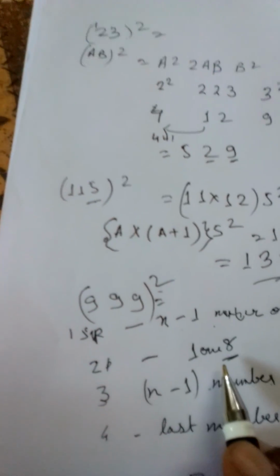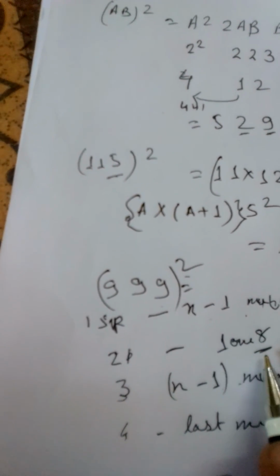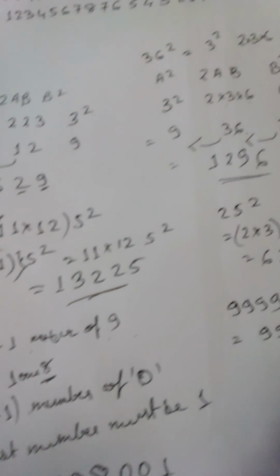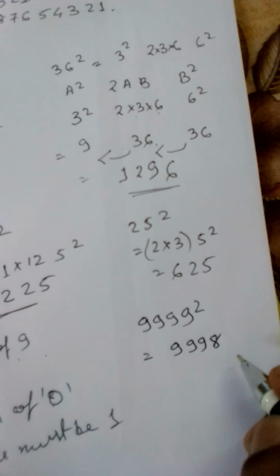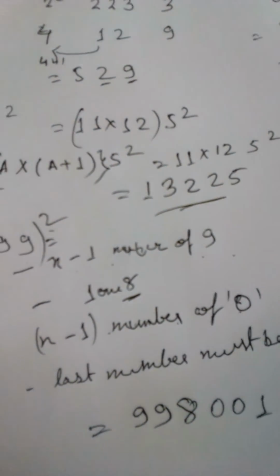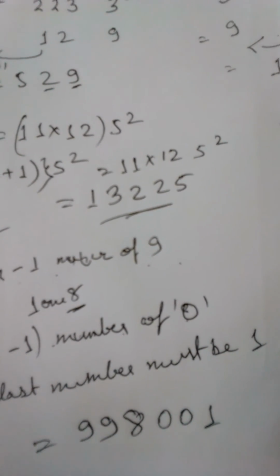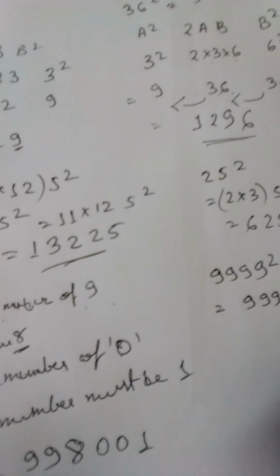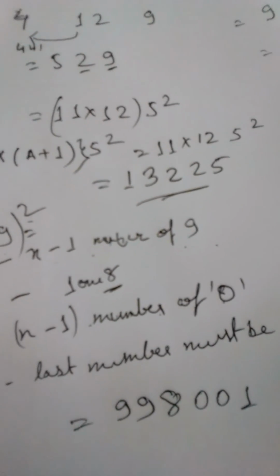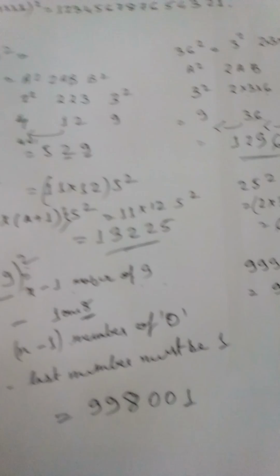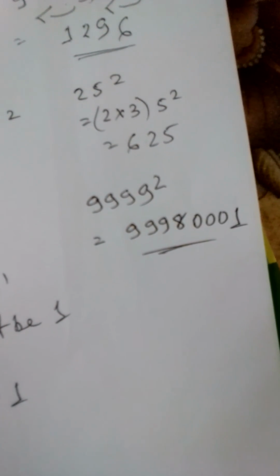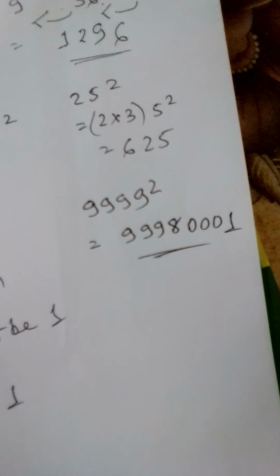Then in step 2 we'll write 8. Then n minus 1 number of 0s, which means 3 zeros, and the last digit is 1. So by keeping all these formulas, the answer will be 99,980,001.